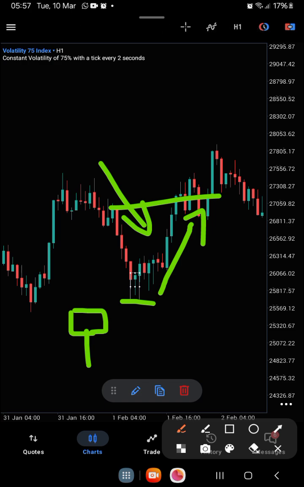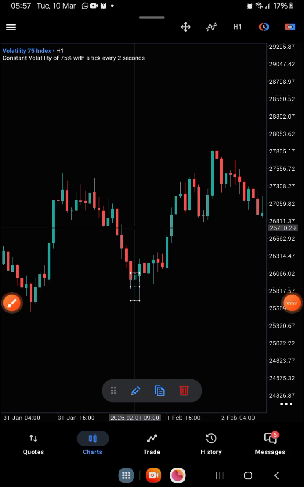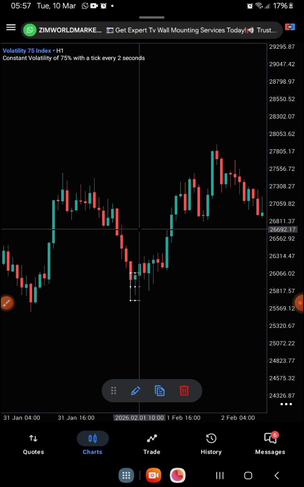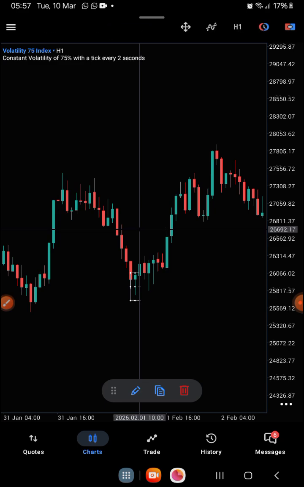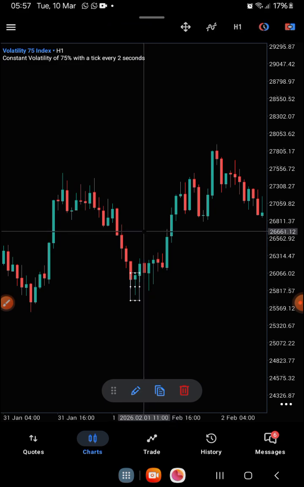Right now, the point is that when you see a hammer like this, watch out for the next candle, which is this candle here. And this candle here is telling us that this hammer is saying the truth. This market will buy. So what do you do? You start looking for your buy entries, which we will talk about.